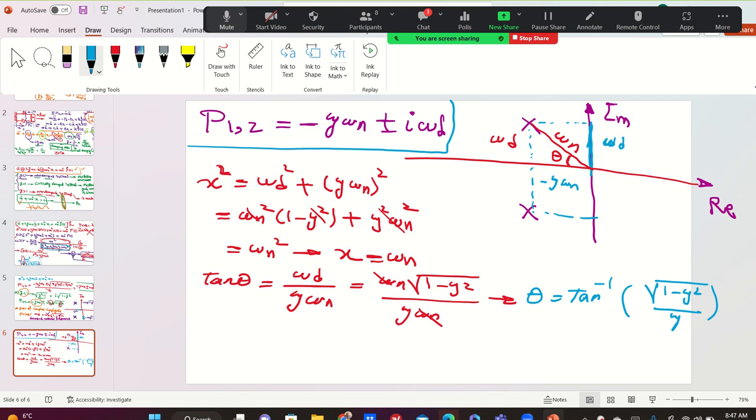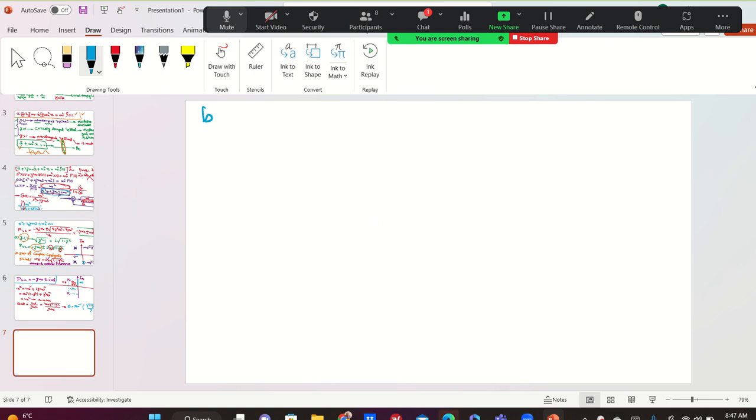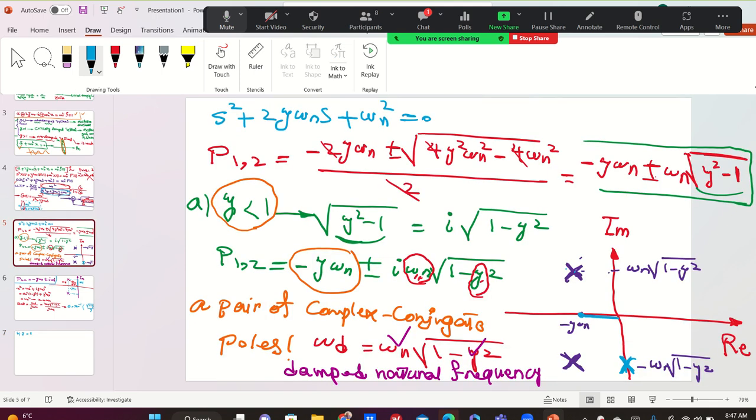Okay. Now, let's go to the second case, B. If your system is critically damped. So, look at here. This was our original poles.